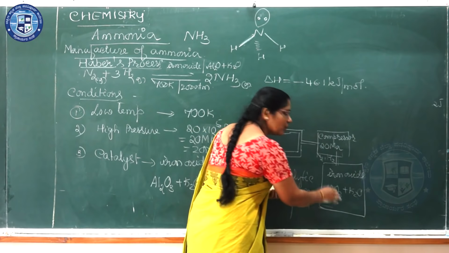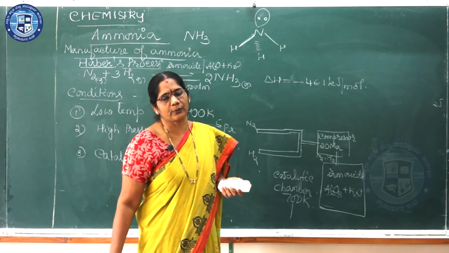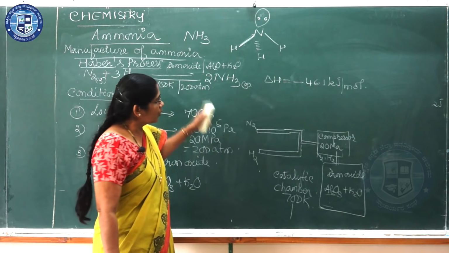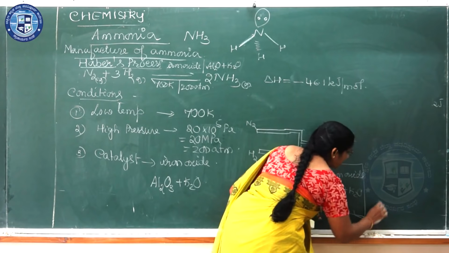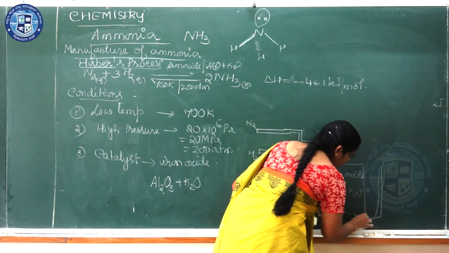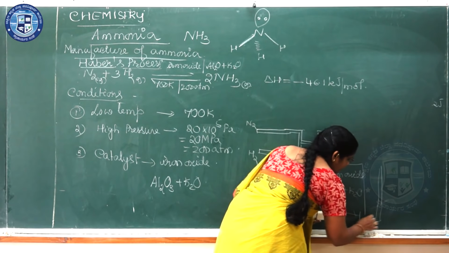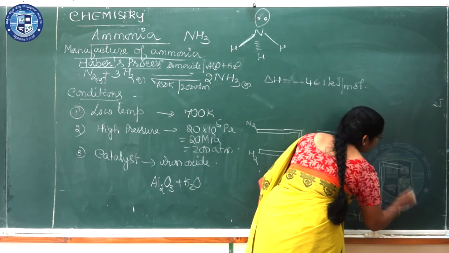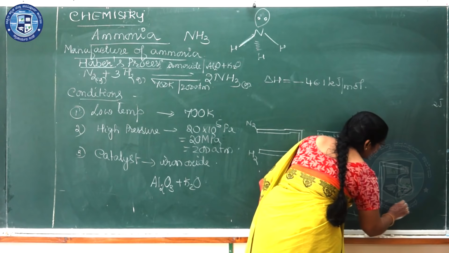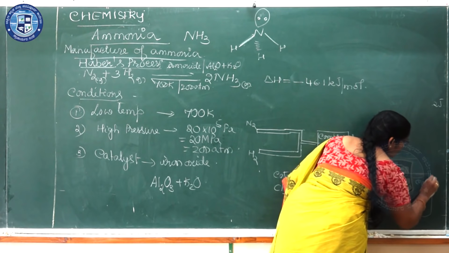So, once ammonia is formed in small quantity, maybe around 20%, the nitrogen, hydrogen and ammonia are allowed to pass through another chamber called cooling chamber, where the pipe carrying these gases is cooled.